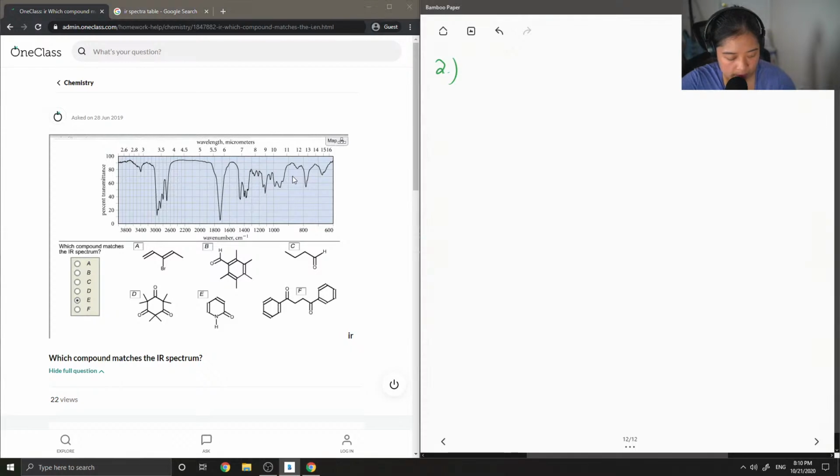We have peaks at around 2,690 inverse centimeters to around 2,700 inverse centimeters.